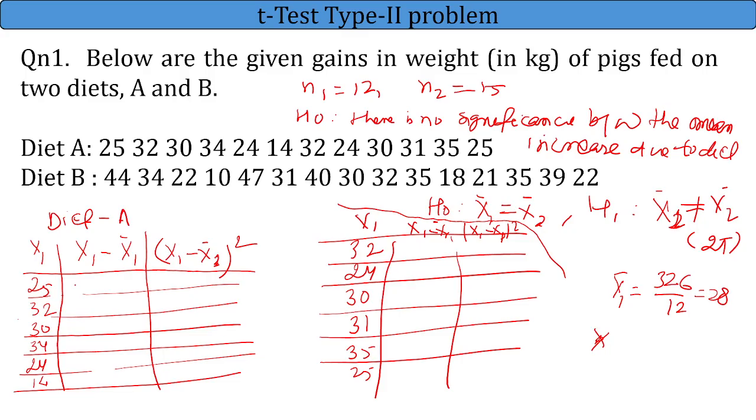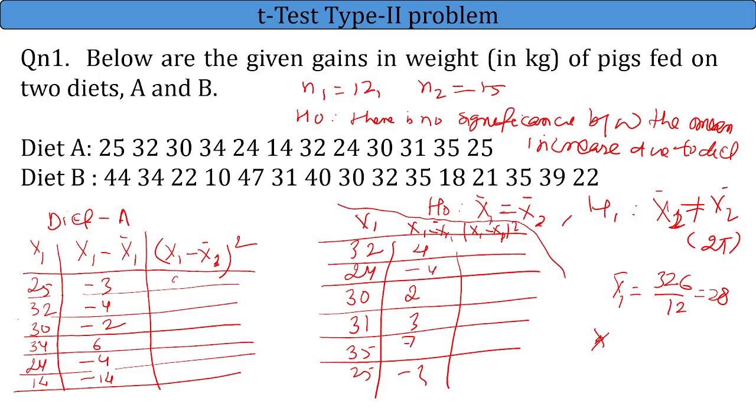So 28, 25 minus 28 becomes minus 3, minus 4, minus 2, and it became 6, and minus 4, minus 14, and we have 28, 4, then minus 4, 2, 3, 7, minus 3.